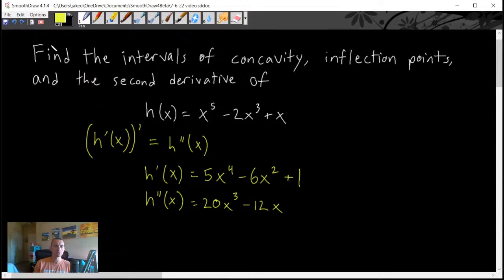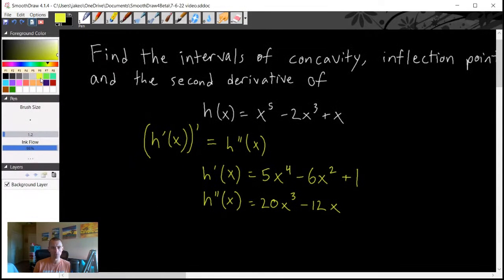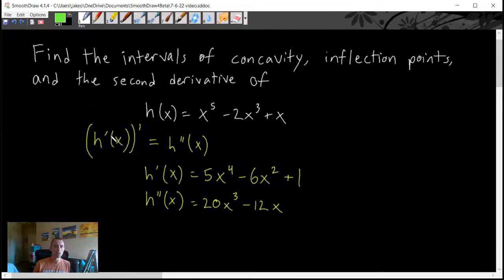Okay, so now we're going to use that second derivative to find the intervals of concavity and the inflection points. Before we get into that, there is one thing I want to point out, which is a little bit odd when it comes to the definition of an inflection point. I've seen them defined a couple different ways.